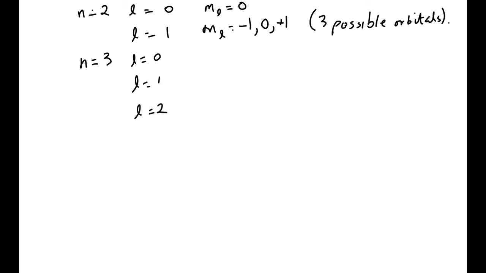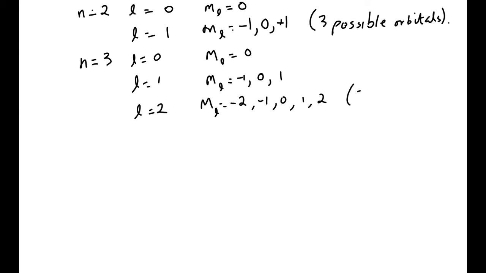So our m_L is 0 if L is 0. Our m_L is negative 1, 0, 1 if L is 1. And our m_L values for L equals 2 range from negative 2 to positive 2.